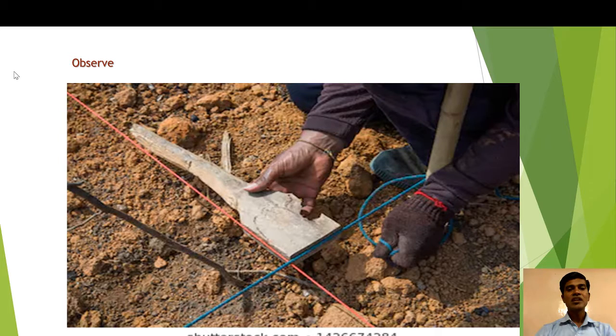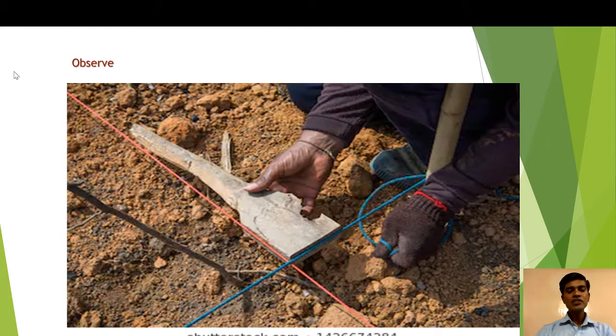He is using a string and doing his work at a construction site. What is the common thing you observe amongst all these pictures? Yes, right. We observe that the railway tracks, lines on the handkerchief, mason line strings, all of them are intersecting at 90 degrees, that is a right angle.